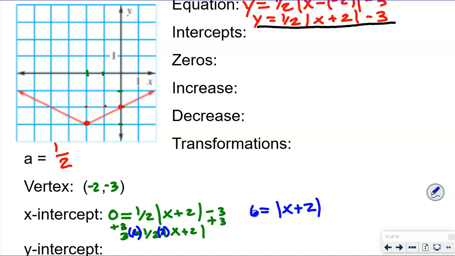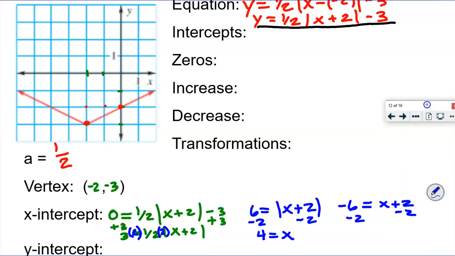So we're going to solve for this +6 first. So when we do that, we're going to actually subtract 2 from both sides. So that means 4 equals x. But then we're also going to solve for a -6. And this is how you always solve for absolute value equations. So this is still going to be x plus 2. So we're going to again subtract 2 from both sides. Move this other way.